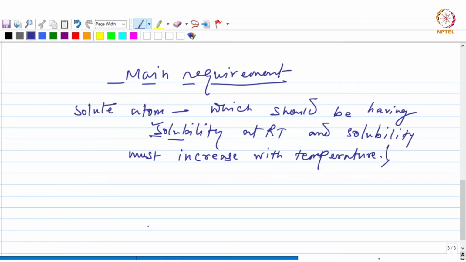Okay. So if I want to illustrate that, that can be shown with the help of the phase diagram also, in which we plot the temperature against the composition, as you know.